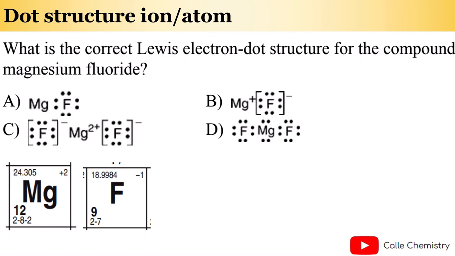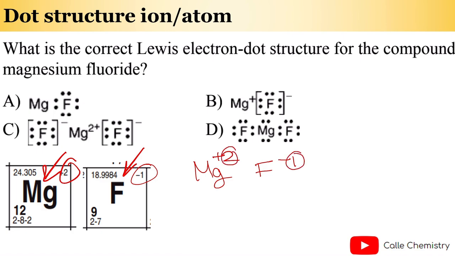So how are you doing that? You're going to the periodic table and looking at magnesium and fluorine. So I'm going to write it here, magnesium and fluorine. And you're going to look at their charges, their oxidation states. What charges do they have? Because we need to know that in order to write the formula. +2, -1.